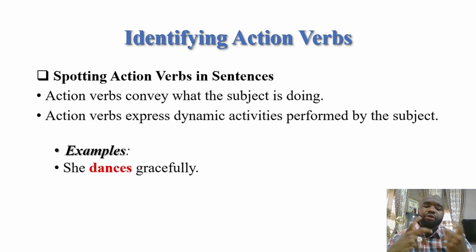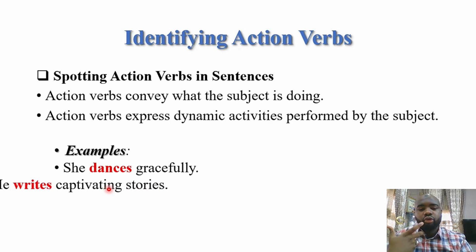All right, for example, she dances gracefully. The act of dancing, moving your body, from one direction to the other in a happy mood. See, this is what? Action verb, doing, right?